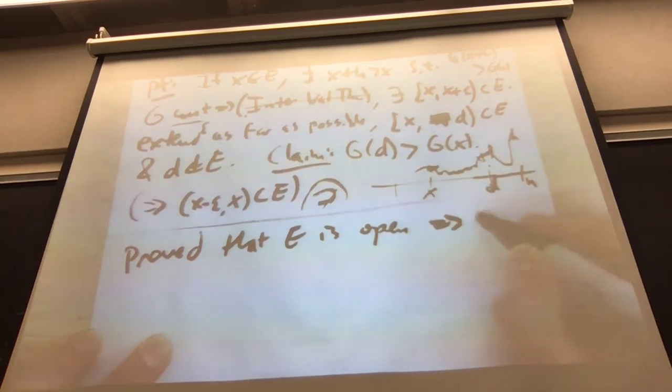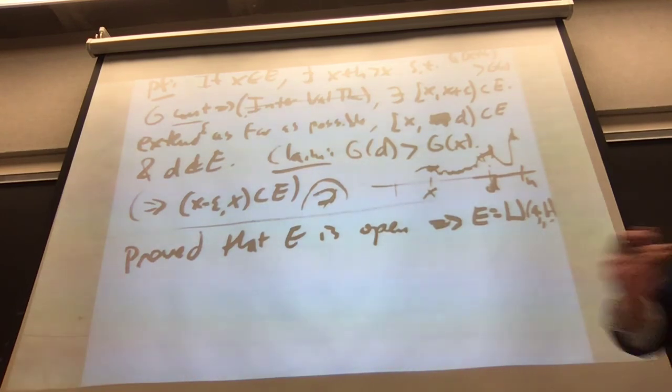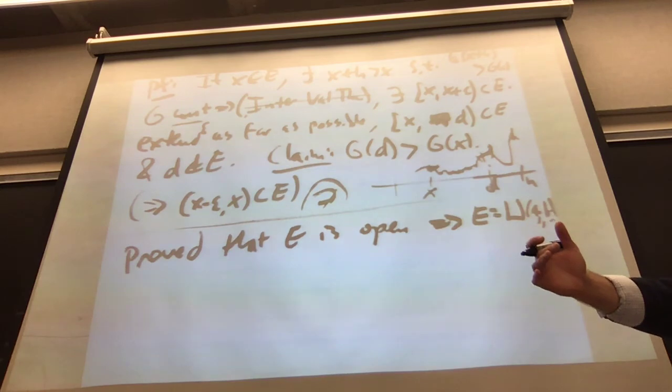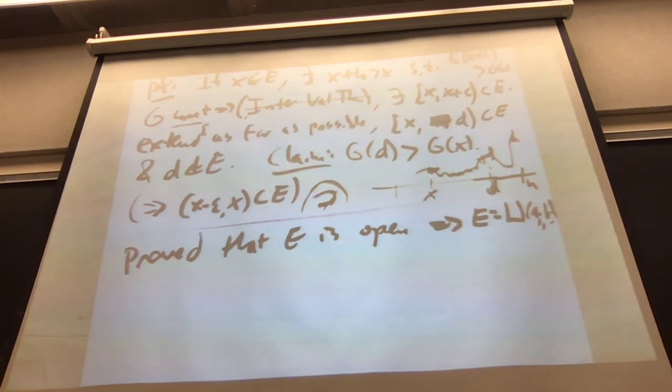So we know that E is this disjoint union of intervals, AJ, BJ. From X we go far to hit the next D, which is one of the BJs, and we can go backwards and hit the smallest thing we can, except for that first interval, which might be half open. So what do we want to know?